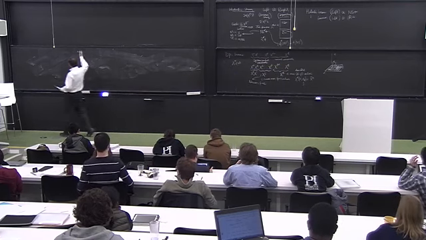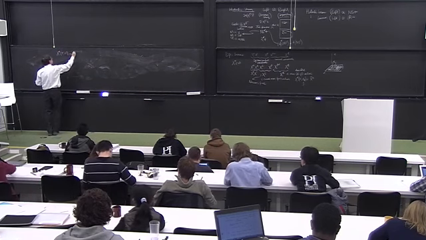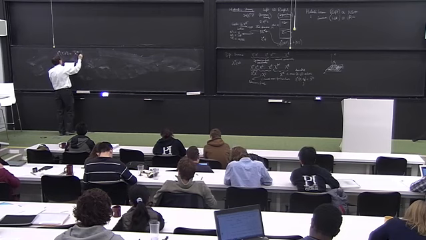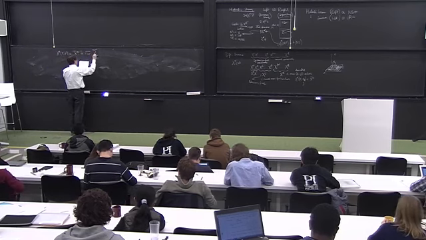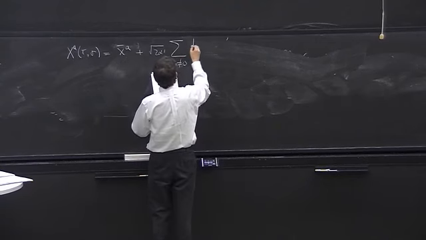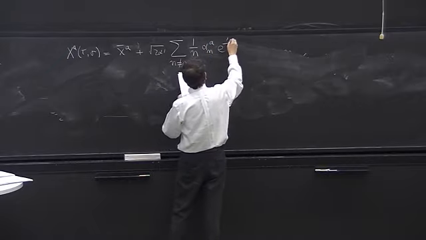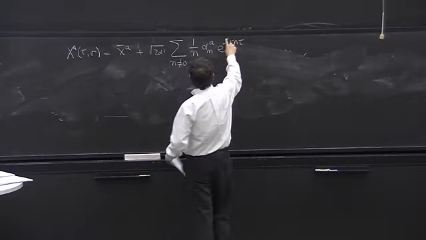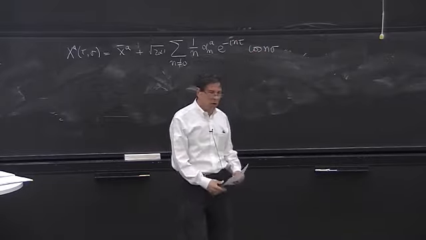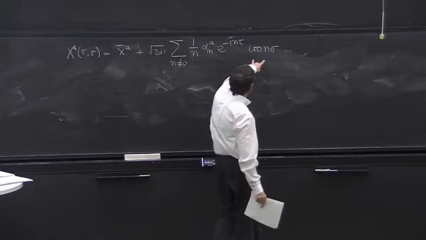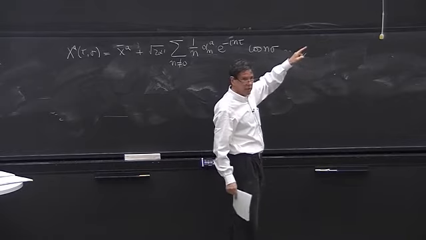If we use the boundary conditions, we find that the most general expansion is the following: x^a plus square root of 2 alpha prime, sum from n equals 0, different from 0, 1 over n, alpha_n^a, e to the minus i n tau, and we used to have cosine of n sigma. And that was good because the derivative with respect to sigma was sine and vanished at the ends. But that was a case of free boundary conditions.